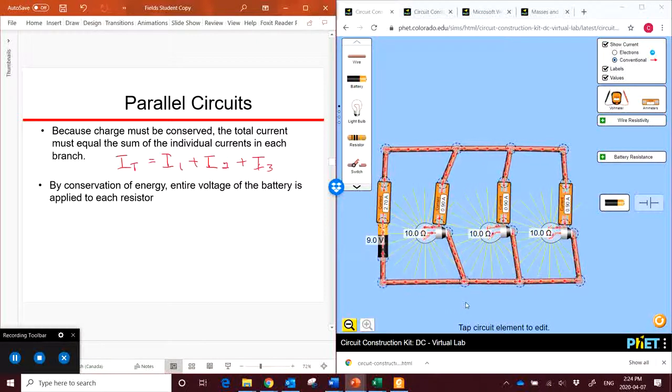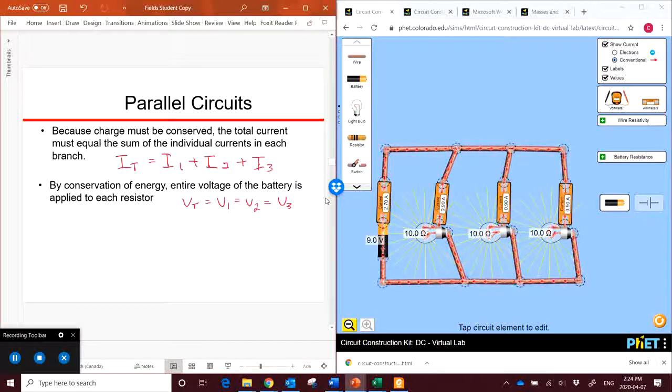Now the voltage, as we saw a minute ago, the total voltage remains the same across each of the loads. So total voltage is equal to the voltage across load 1, which is equal to 2, which is equal to 3. And that's the great thing about parallel circuits.